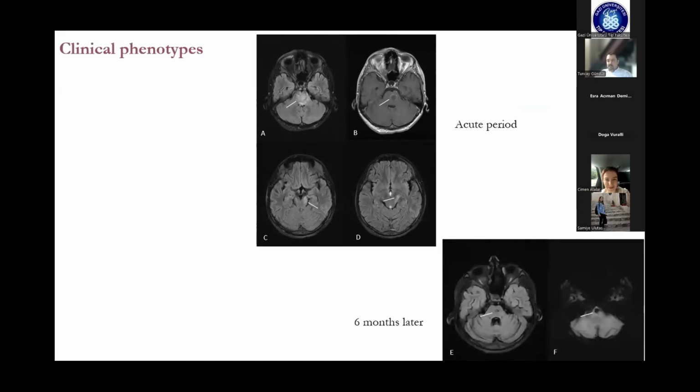And 6 months later, you see that atrophy has occurred in the brainstem, which we encounter frequently after the initial episode. It may increase through the years. Atrophy may progress through the years.